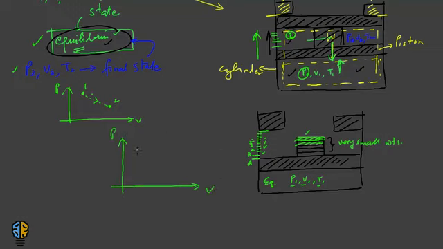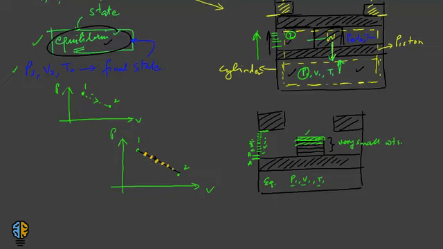So I can have state 1 over here. Let us say state 2 is here. So when I draw a process like this, I can actually draw a straight line, because all the states that the system passed while going from 1 to 2, every state was an equilibrium state.